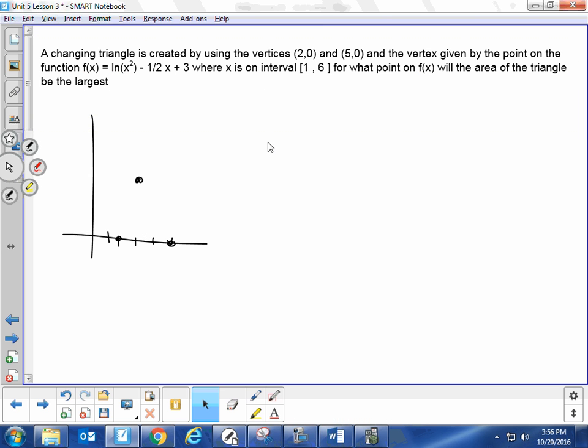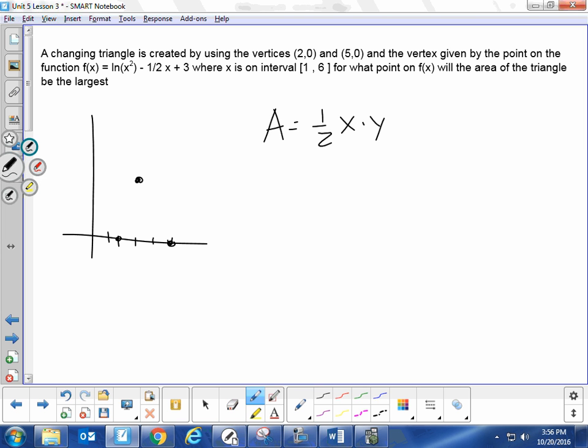Well, let's think about the area of a triangle. It's 1/2 my base times my height, 1/2 my length times my width, my horizontal times my vertical in this situation. Well, my vertical is actually this, and my horizontal is this.